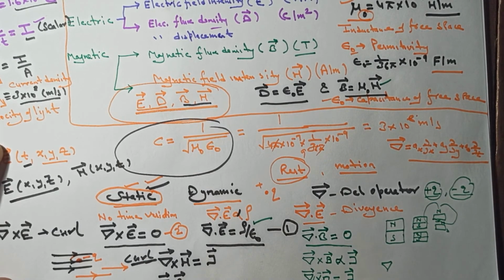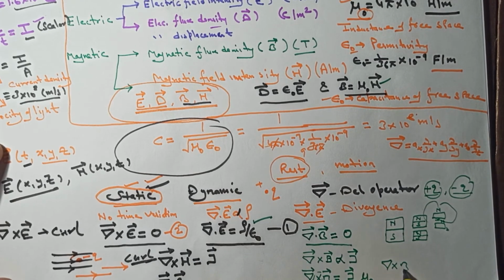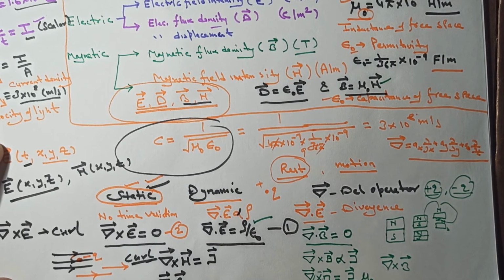No, this is not right; here it is mu naught. Let me rectify it. It is not in division, it is in multiplication. So you can write here del cross B, sorry for that. The proportionality constant is removed by J in multiplication with mu naught. So you can write it directly.